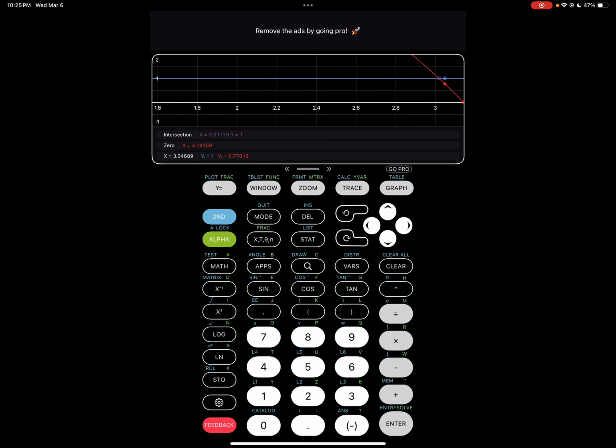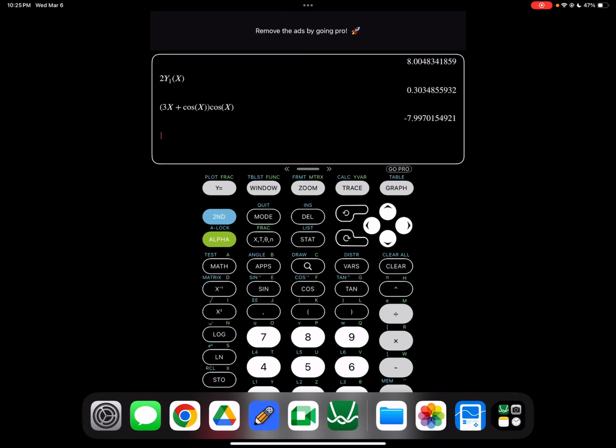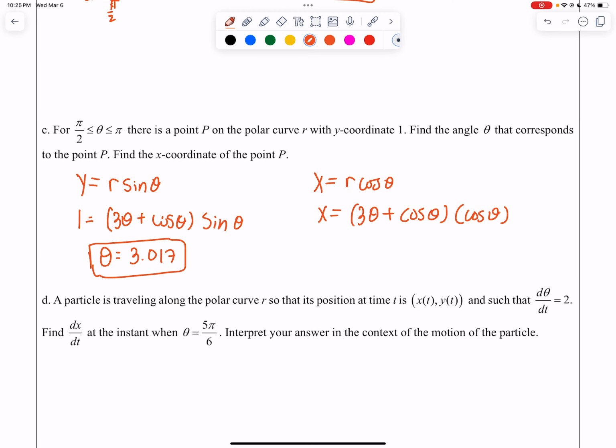So what we are going to do here is just go ahead and do 3x plus cosine of x, and then this is cosine of x. That's going to give us negative 7.997.